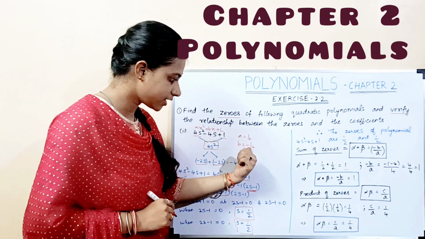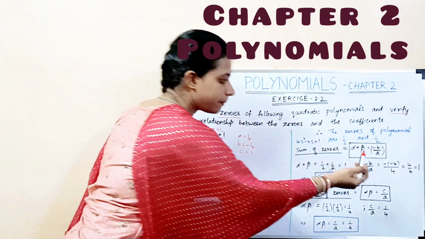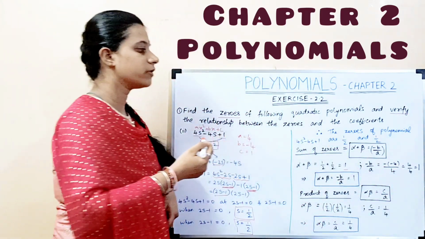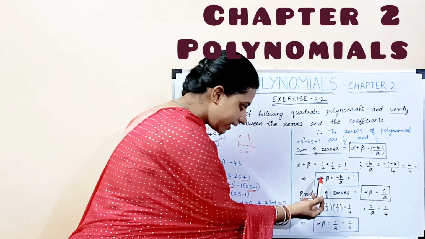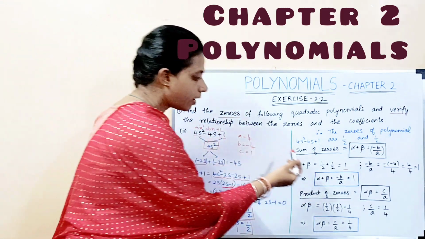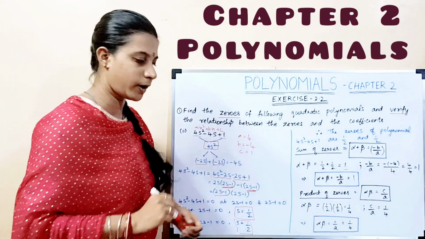So b is minus 4 and a is 4. We will take minus of minus 4 by 4, which is 4 by 4, which is equal to 1. So we get alpha plus beta equal to minus b by a is equal to 1.